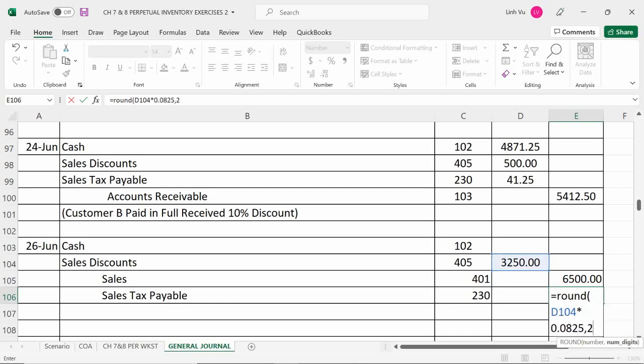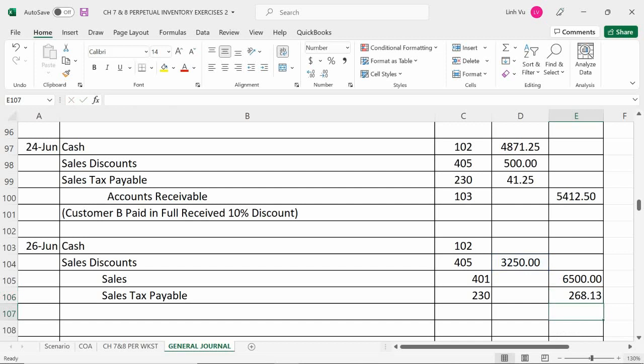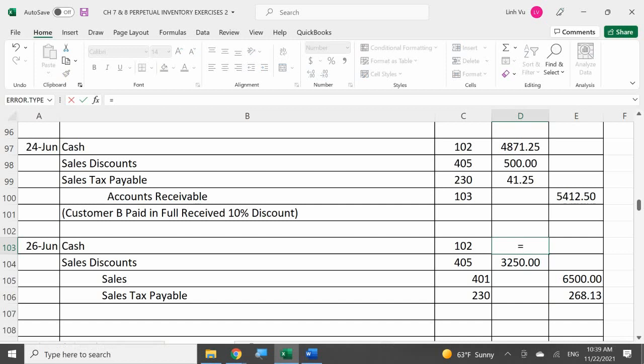Which should give me a total tax of $268.13. Okay, so then therefore, how much cash am I actually receiving? I should be getting $3,518.13, right?